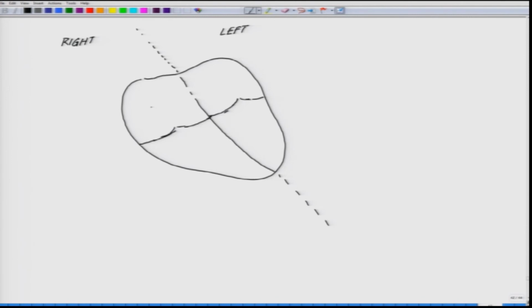So, this is the right atrium, this is the right ventricle, this is the left atrium, this is the left ventricle, and precisely here you have the valves, which are present here, here as well as here.